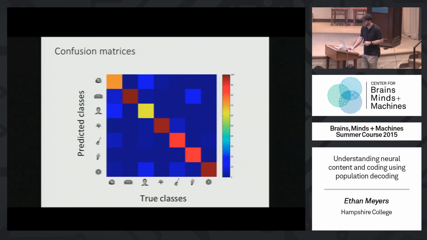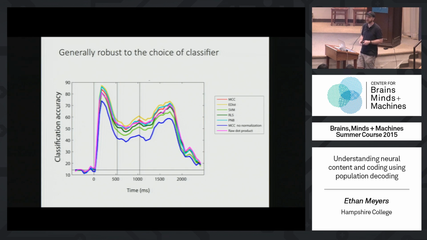So another kind of methods issue is what is the effect of using different classifiers? If the method is highly dependent on the classifier you use, then that's not a good thing, because you're not telling yourself anything about the data, but you're really telling yourself something about the method you use to extract that data. But in general, for at least simple decoding questions, it's pretty robust to the choice of classifier.